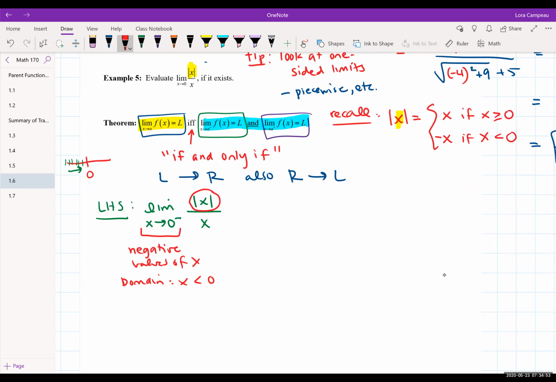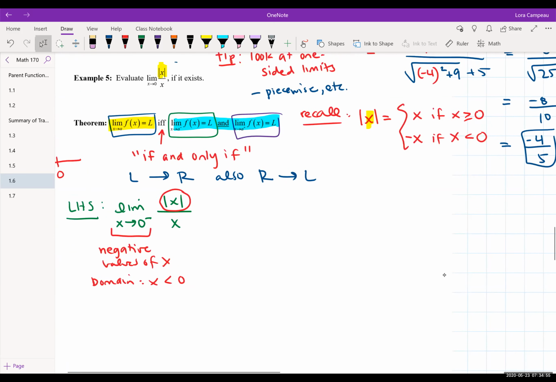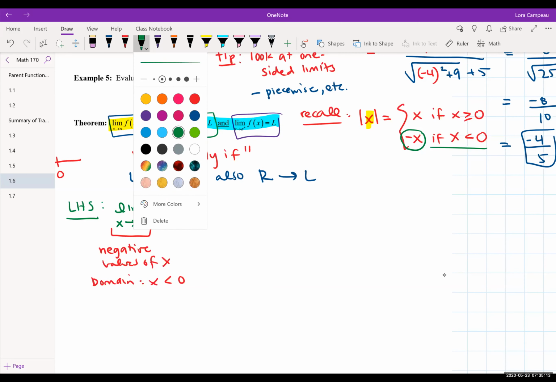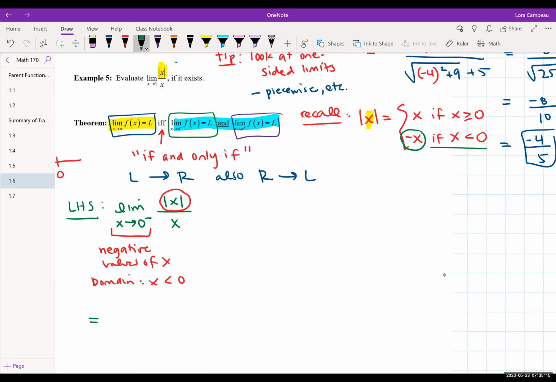So if we go back to our breaking up of our absolute value function into two pieces, it appears that we would be choosing to write negative x instead of the absolute value of x. We can redefine it based on the values that we're approaching. So I can write that in.